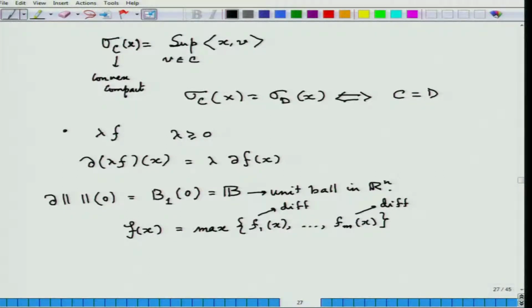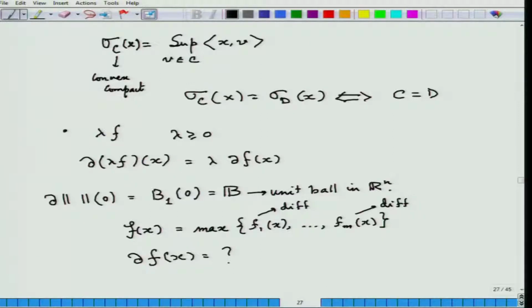My query would be to find, now here is a point where we are absolutely coming into a different paradigm, because whenever you have a function created out of maximization or minimization of some other finite number of functions, then the resulting function is not differentiable in general.